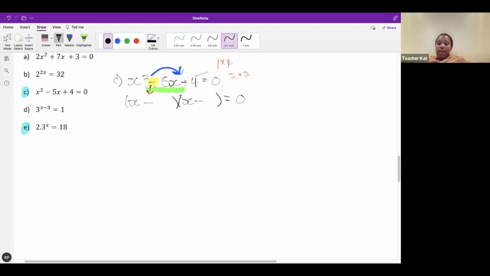Are we using 1 and 4 or 2 and 2? 1 and 4. And let's check. This is going to be negative 1x minus 4x, which is indeed negative 5x. Great. So then, either x minus 1 is equal to 0 or x minus 4 is equal to 0.